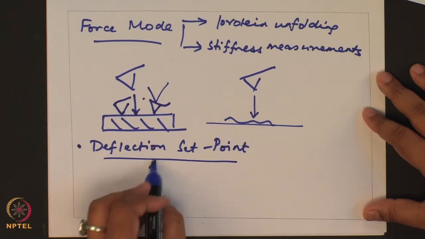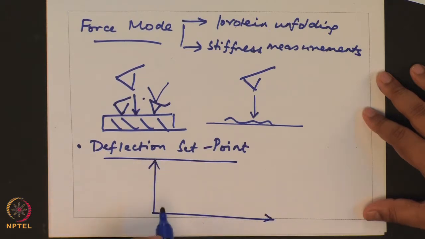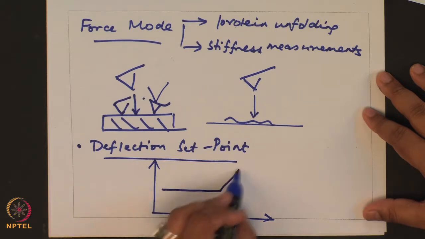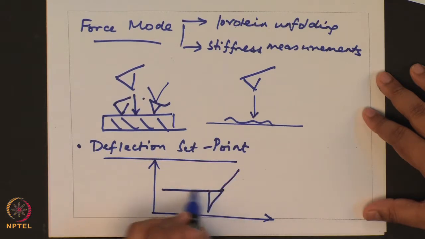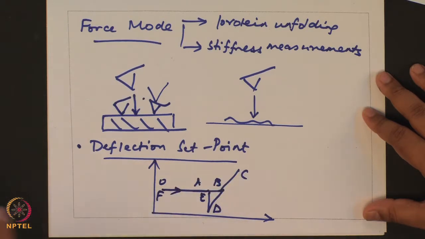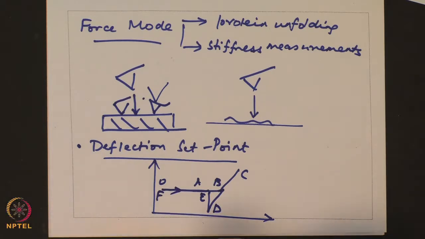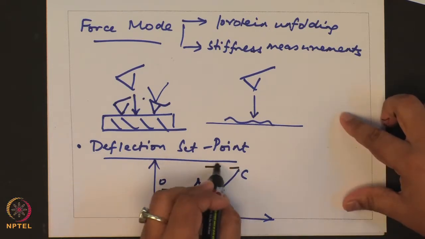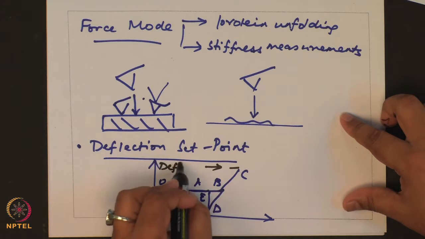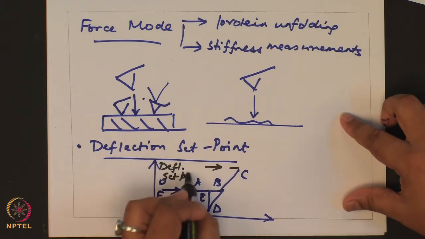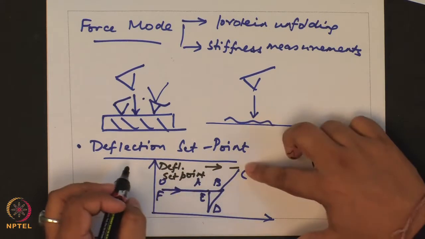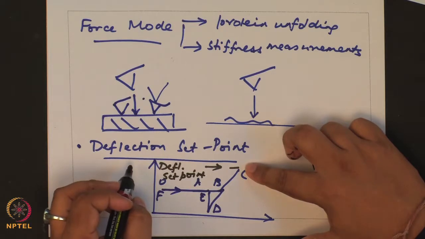So, if you do force mode on a stiff surface, let us say like glass, you would get a curve like this. Okay. O, A, B, C, D, E, F. You are coming to this point, this maximum point of deflection, which corresponds to your deflection set point, because if you deflect more, there is a chance that your tip might be damaged.